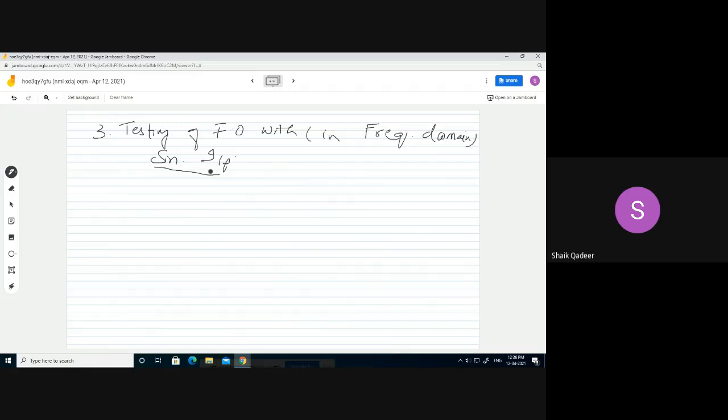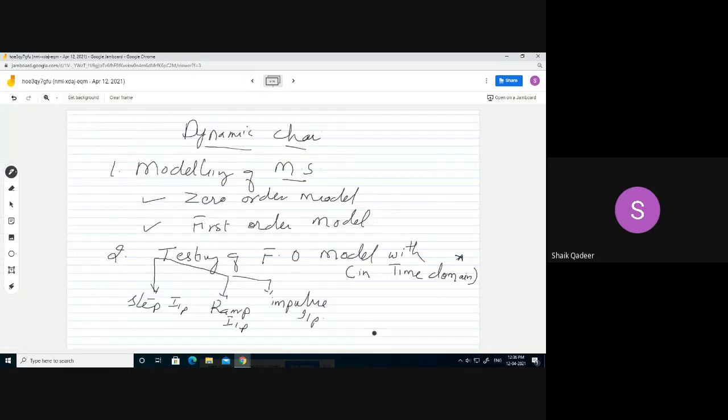Sine, right? A sinusoidal input is used when testing a first order or any order system model in the frequency domain. In the time domain, the excitations used are step input, ramp input, and impulse input. In detail, we will see this in the course. Hope it is clear to everybody.